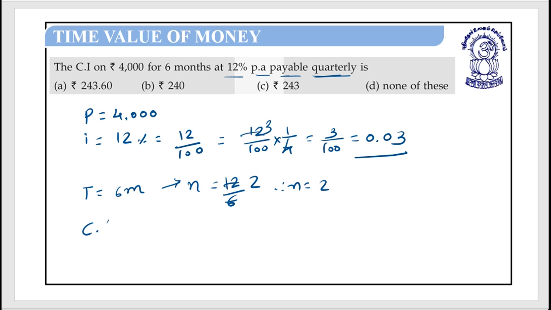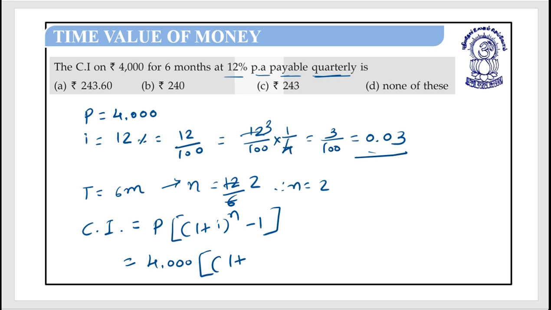Now compound interest is equal to P in the bracket 1 plus I raised to n minus 1. Put the value P 4000. 1 plus I is equal to 0.03 raised to n is equal to 2, minus 1.